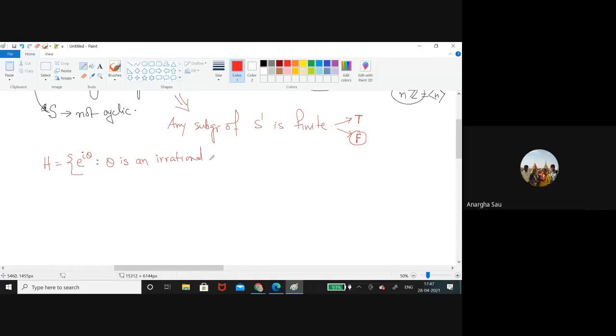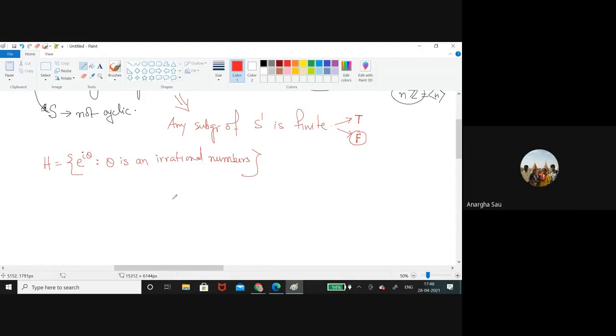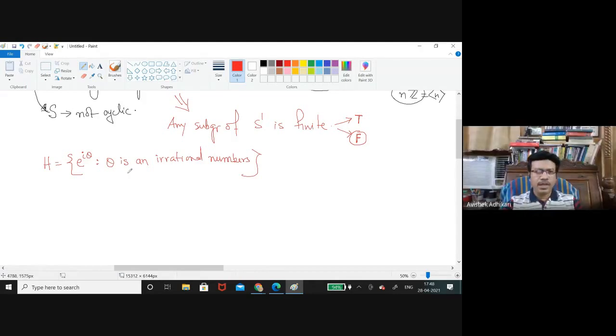So theta is an irrational number. If theta is an irrational number, then how many elements are there in H? Sir, infinitely many.